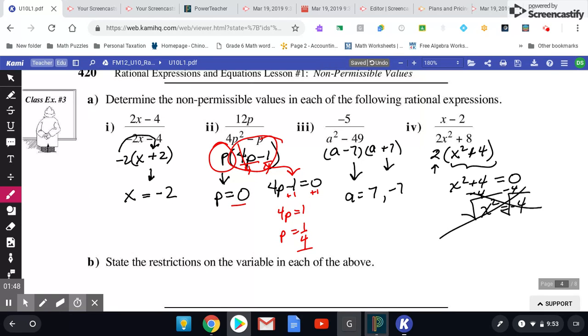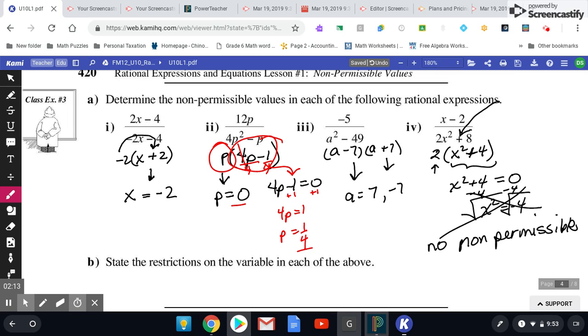So in fact, if you were to think back on that, there is nothing that you could plug into x that you would square, multiply by itself, and then add to 4 that would ever create this to be a 0. So there are no non-permissible values. It's like 2 negatives.